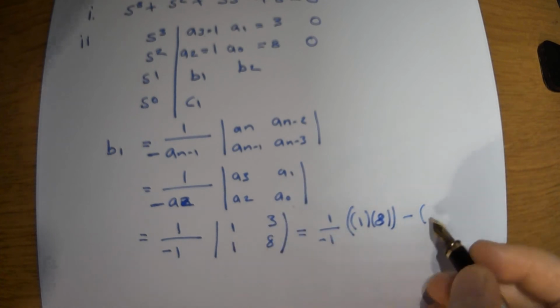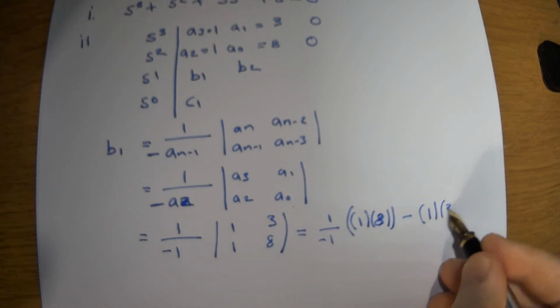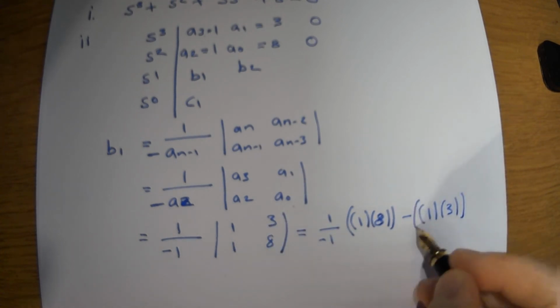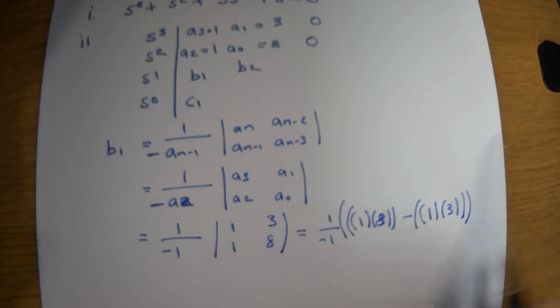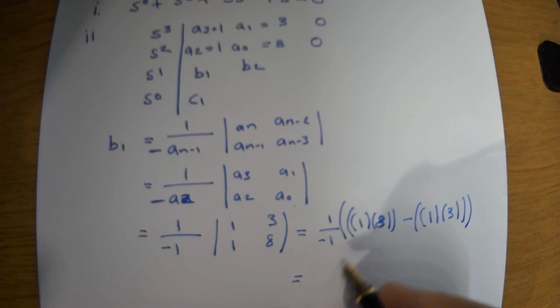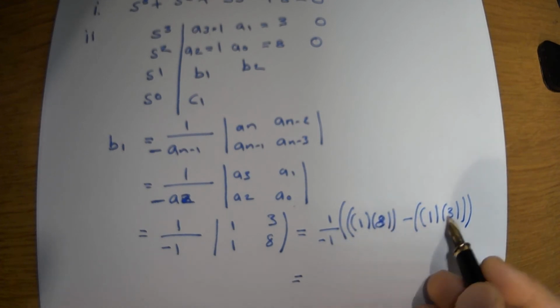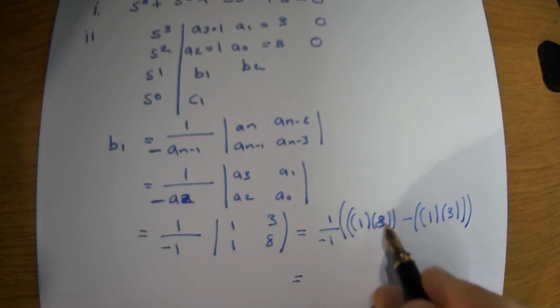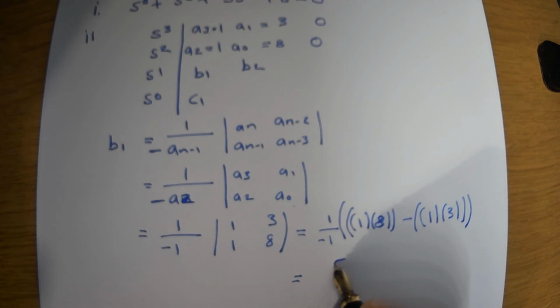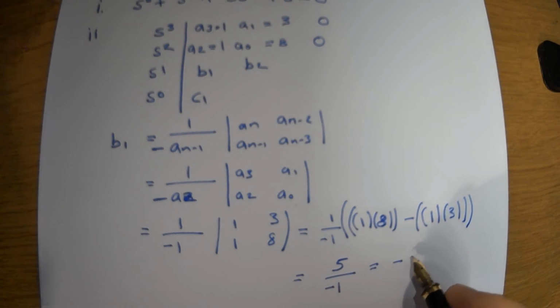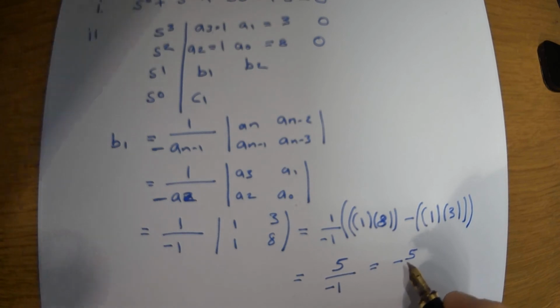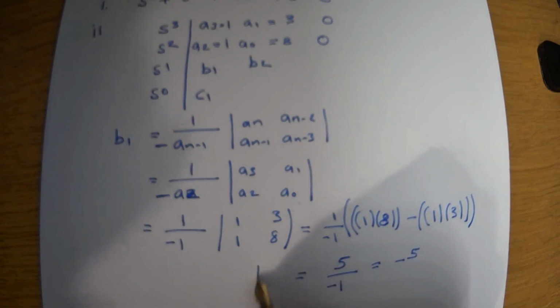That gives us 3 take away 8, which is minus 5, so 5 over minus 1 gives us a value of minus 5. So we've worked out B1.